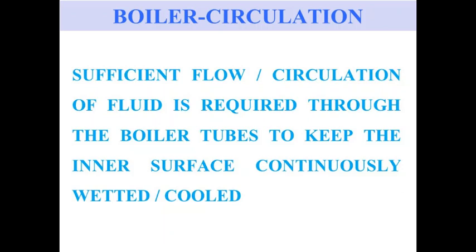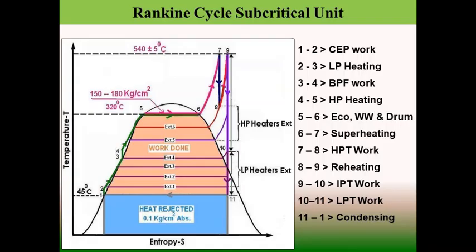We have to see that the critical heat flux is not attained instantaneously, and there is no failure of tubes. At the same time, two approaches are there in the circulation process.